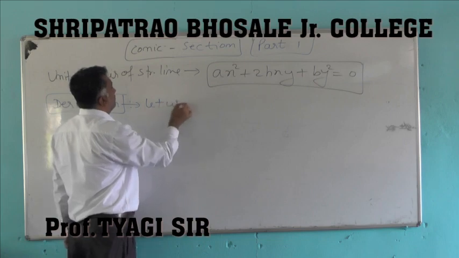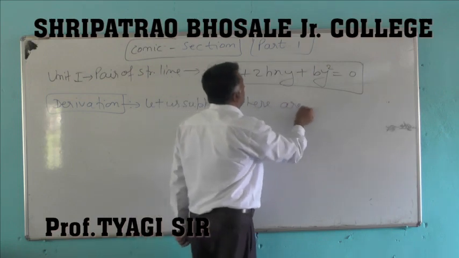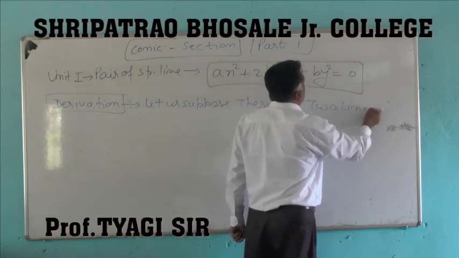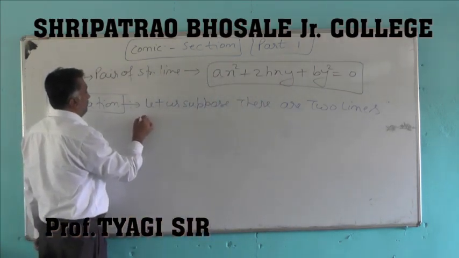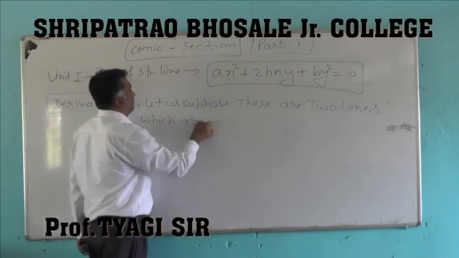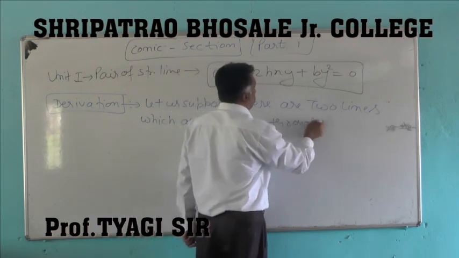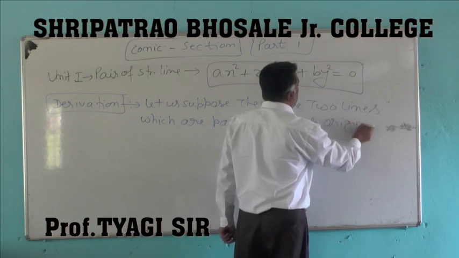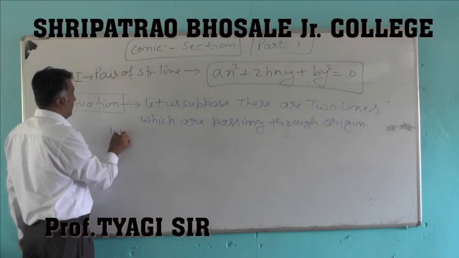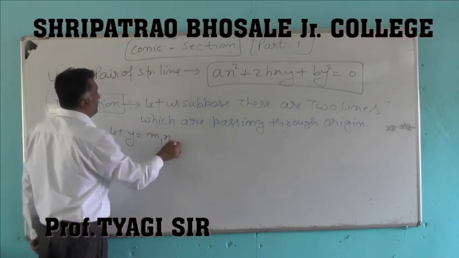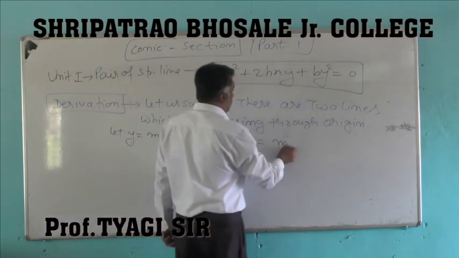Let us suppose there are two lines which are passing through origin: y equal to m1x and y equal to m2x.